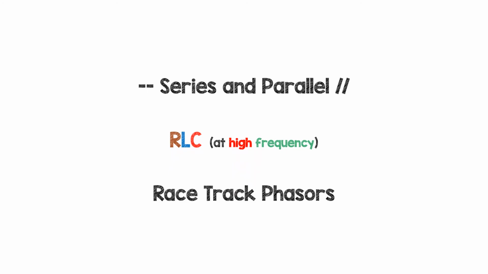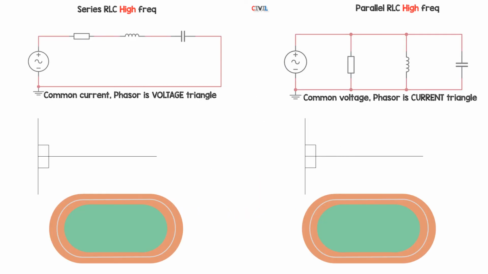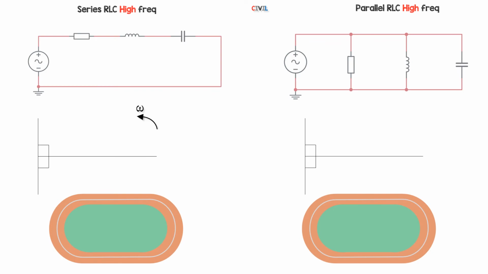Now for RLC at high frequency, series and parallel phasors. So for our series circuit, the common current is the reference vector. Everything else is with respect to that. With series circuits, you get a voltage triangle, and with parallel circuits, you get a current triangle.